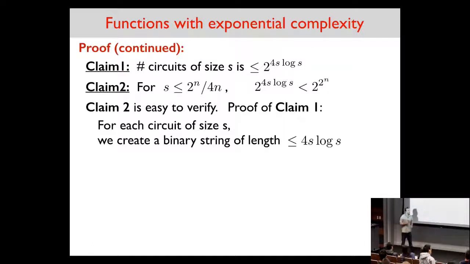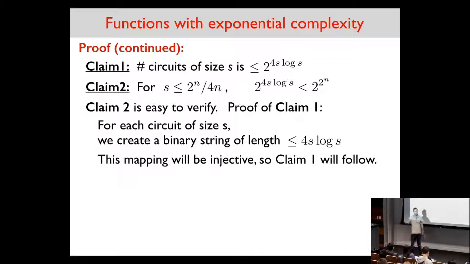So here's what we're going to do. To prove claim 1, that the number of circuits of size s is less than or equal to 2 to the 4s log s, for each circuit of size s, we're going to create a binary string of length at most 4s log s. So I'm effectively defining a mapping from the set of circuits of size s to binary strings of this length.